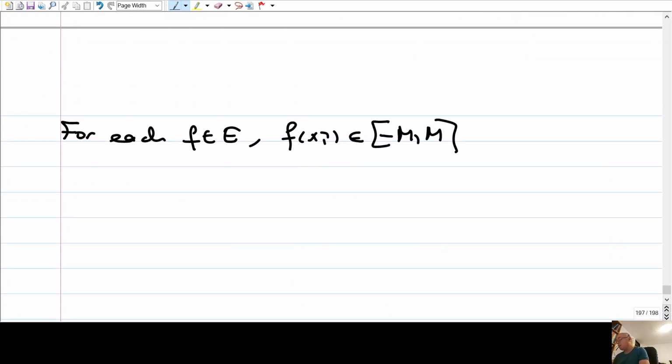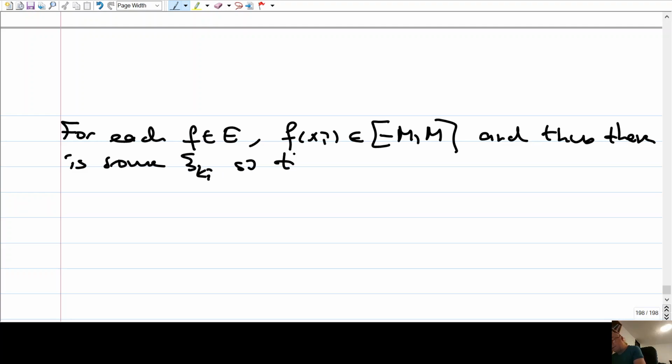And thus there is some ck, so that f of xi minus cki is less than epsilon over 4, right?